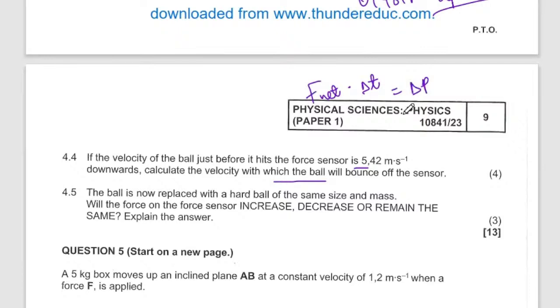What is the question asking for? Calculate the velocity with which it will bounce up. So it is m(v final minus v initial) is equal to F net delta t.